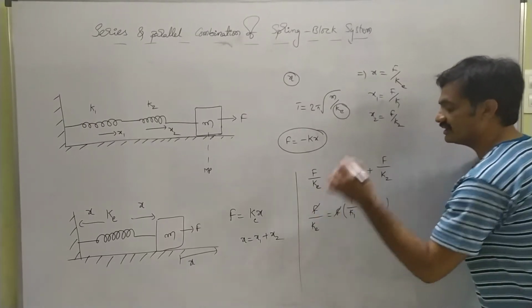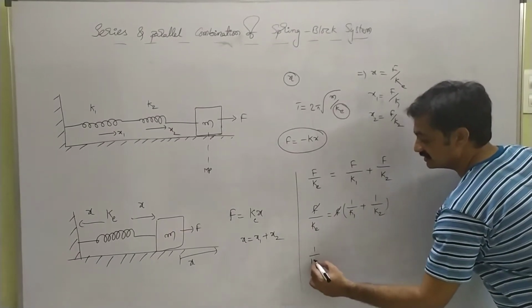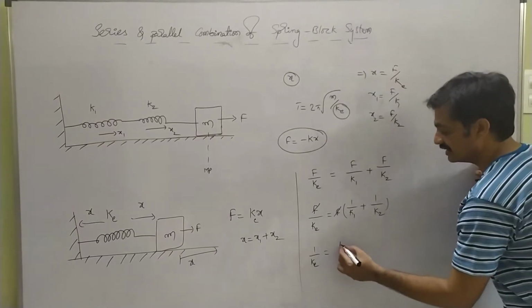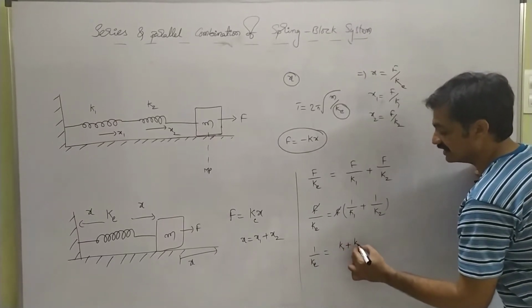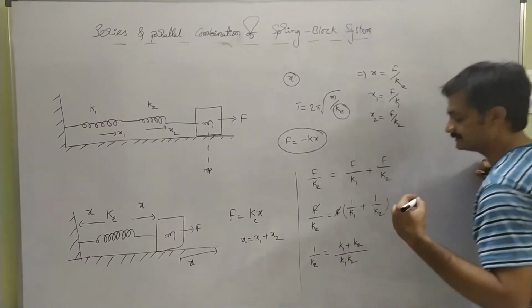Observe that here F gets cancelled on both sides. Then as we do LCM, here we have 1 by k suffix e equals k1 plus k2 by k1 into k2.